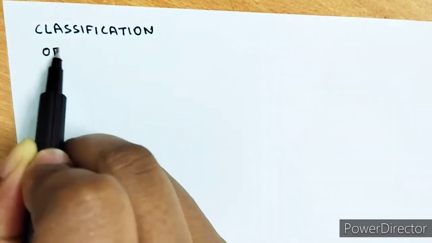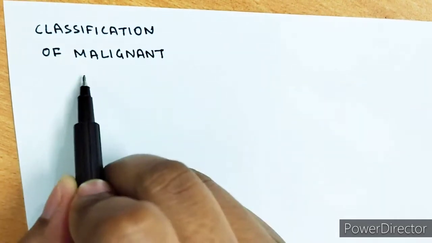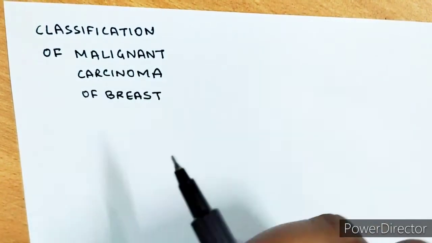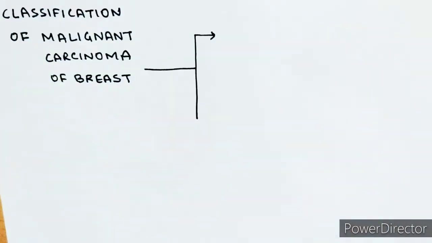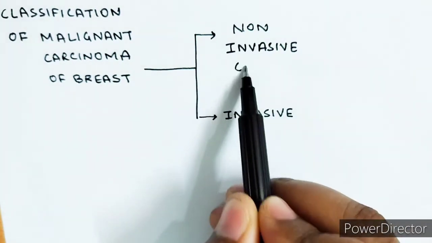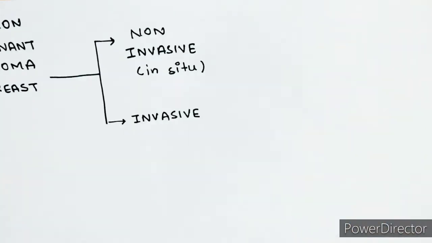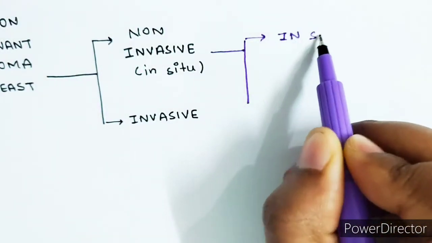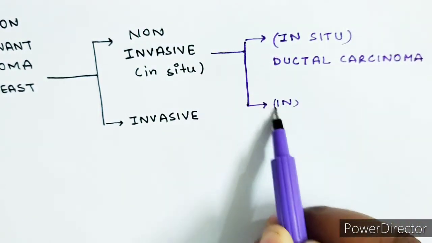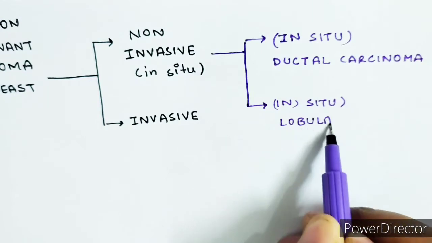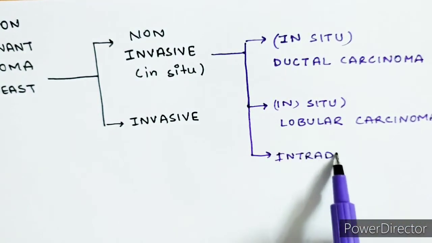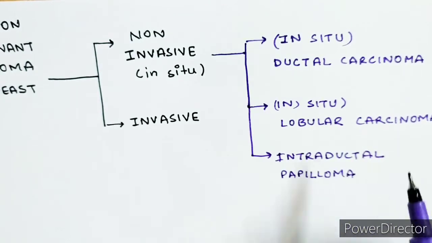For a variable period of time, the tumor cells remain confined within the ducts and lobules before they invade the breast stroma. On the basis of this, the breast carcinoma has been divided into 2: non-invasive and invasive carcinomas. In this video, we will discuss the non-invasive carcinomas, which are ductal carcinoma, lobular carcinoma, and intraductal papillary carcinoma.